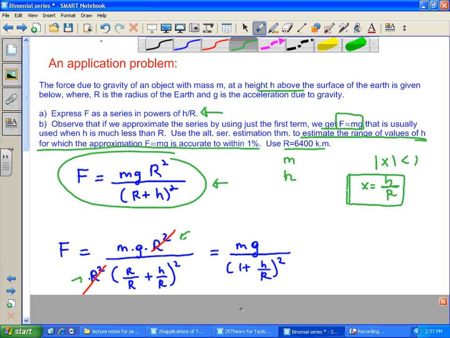So we're left with the following: mg on the top, and r over r, of course, is 1 plus h over r squared. So again, in this first step, I was trying to get an h over r in the denominator. So I started by dividing everything inside that parentheses by r, and I had to consider what the net effect was so that I had to undo the effects to keep everything the same.